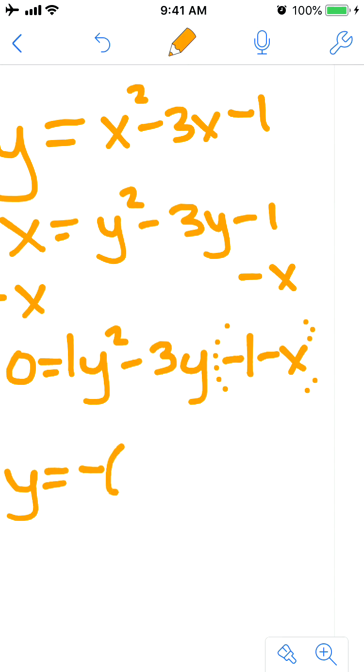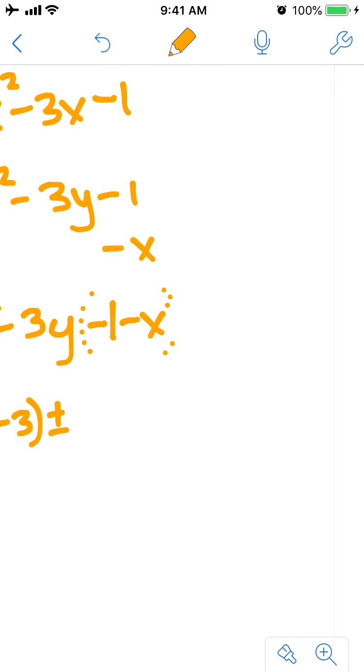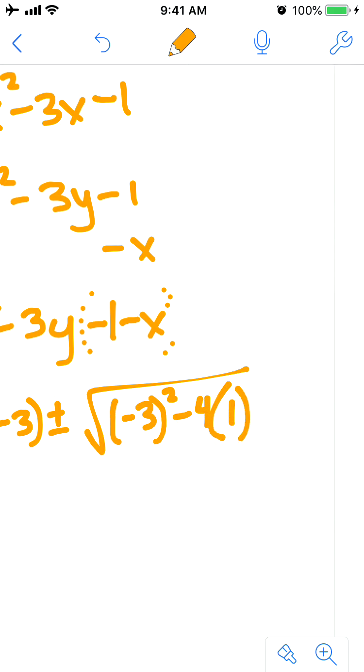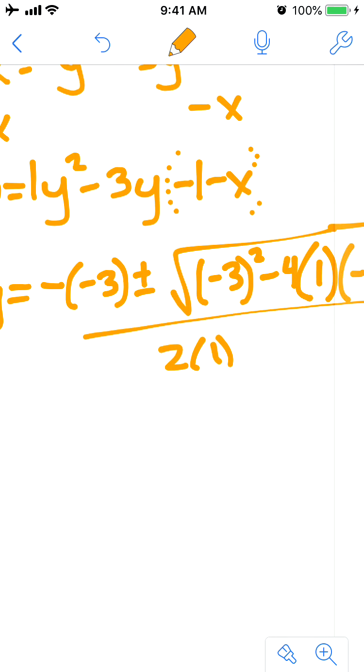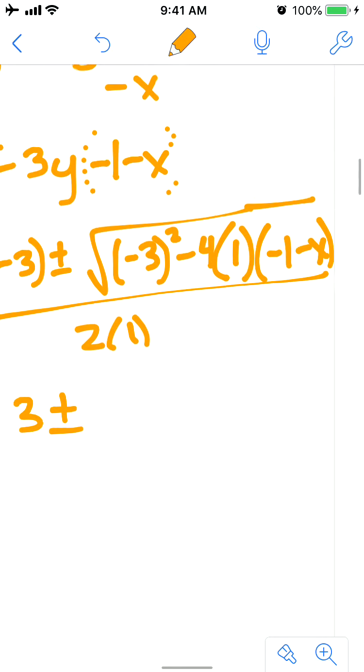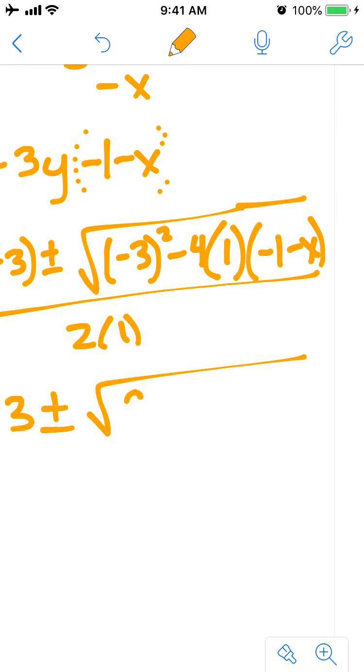x is equal to minus b plus or minus square root of b squared minus 4, a is 1, and c is now this whole little mini expression, all over 2 times a. Alright, little simplification, you get 3 plus or minus square root of 9. Alright, I gotta be careful now.